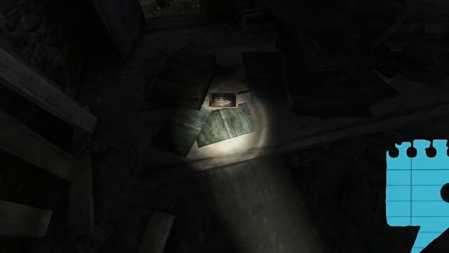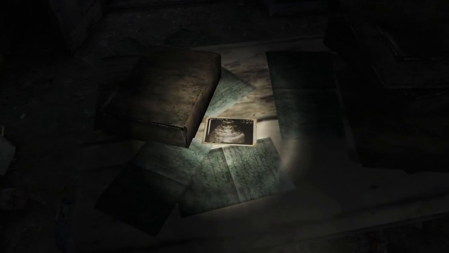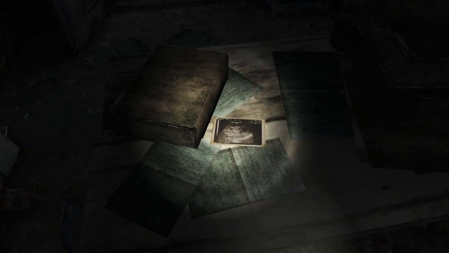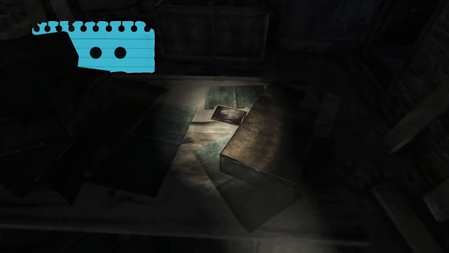Inside the bothy, there is a randomised chance that you can find an ultrasound picture on the table, and I think it's the one instance of randomisation in the game that is the pinnacle of it, because the idea that Esther was pregnant when she died changes everything emotionally about how you understand the story. Not to say that you don't care as much if you don't find it, but it adds another layer.